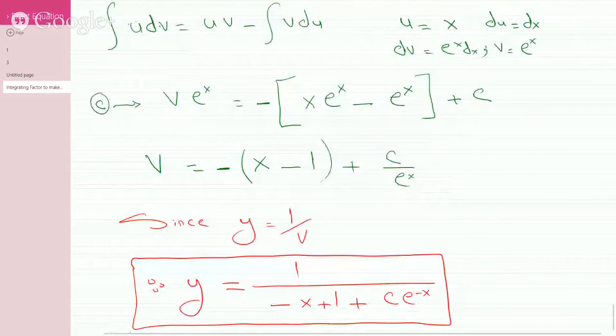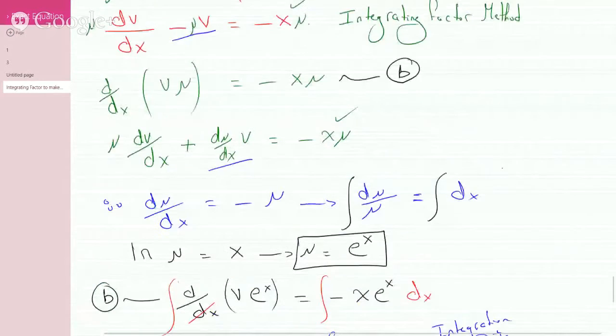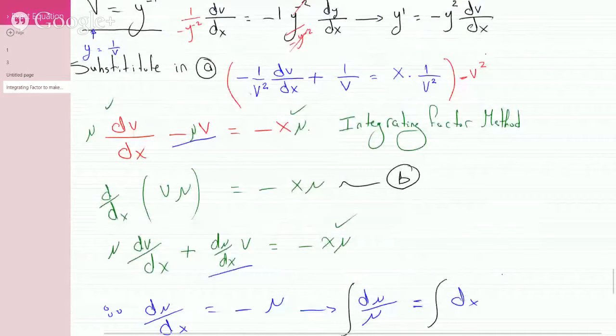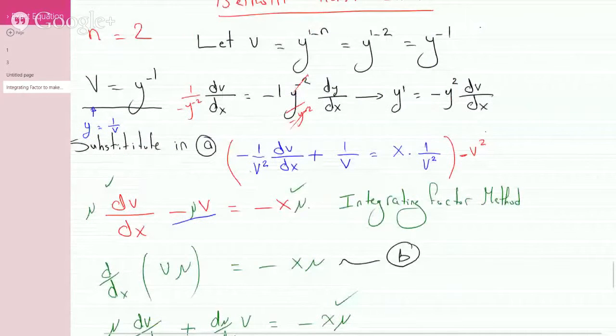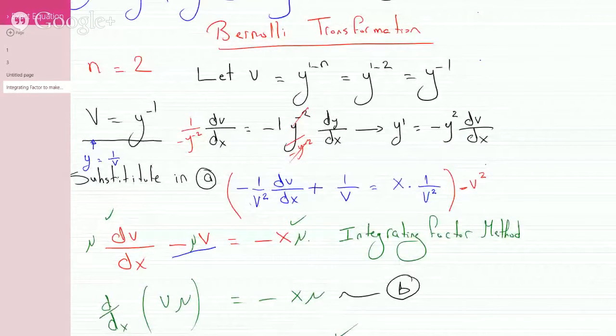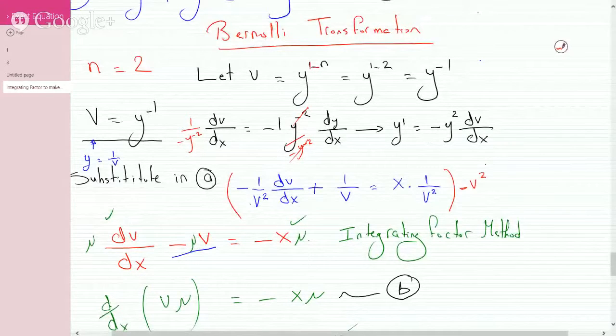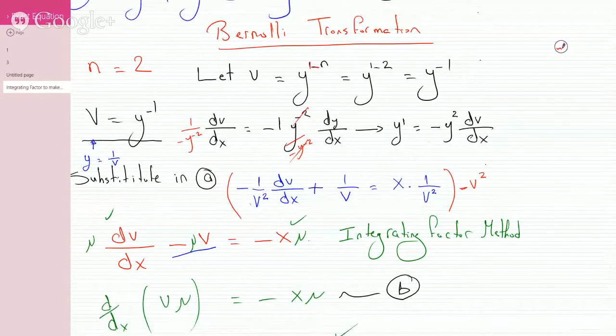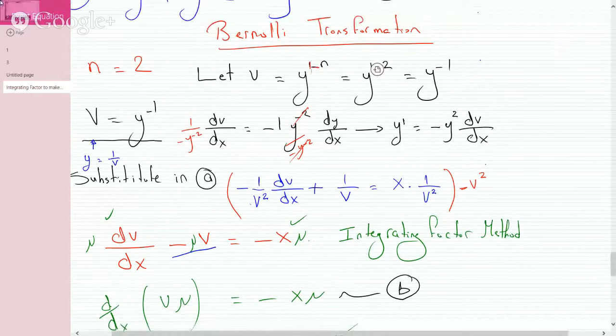V is the function to the 1 minus the degree of y. Yeah, so it was 1 minus that. Right. So yeah, that does it.